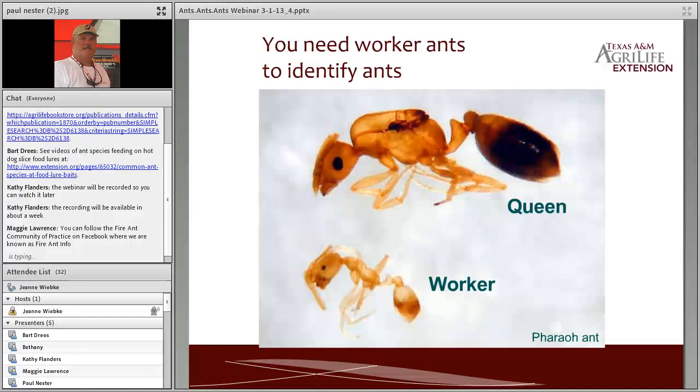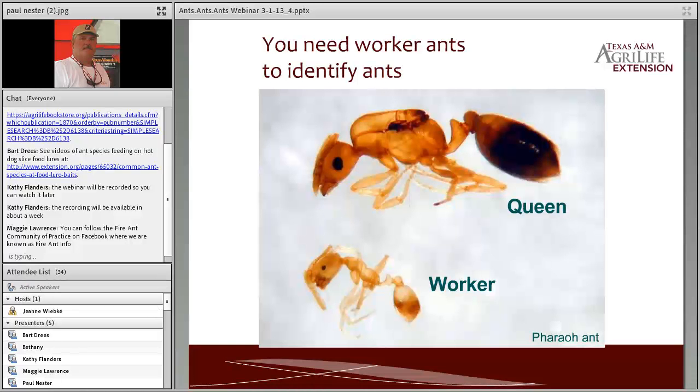Now, you need to have worker ants to identify ants, because almost all of the keys are based on worker ants, except for the raspberry crazy ant or the tawny crazy ant, which is Nylanderia fulva, and then there's Nylanderia pubens, which are indistinguishable from each other, except when you look at the male winged alate, and then you have to actually look at the genitalia, and the difference in the way the genitalia looks and its structure determines whether or not you have those two species.